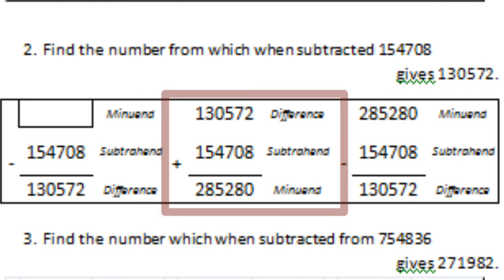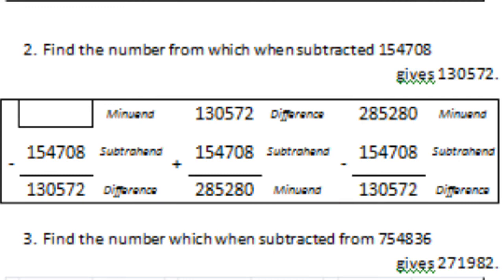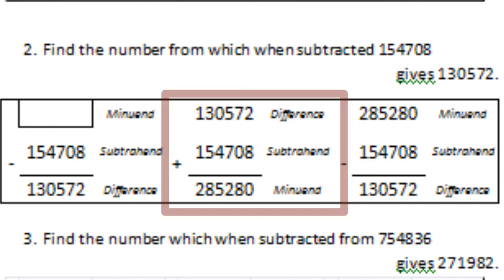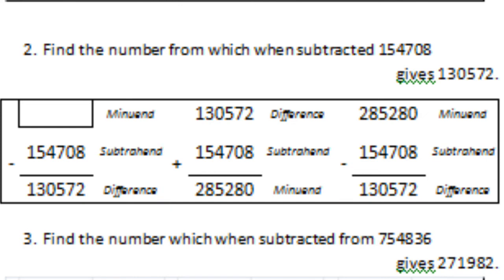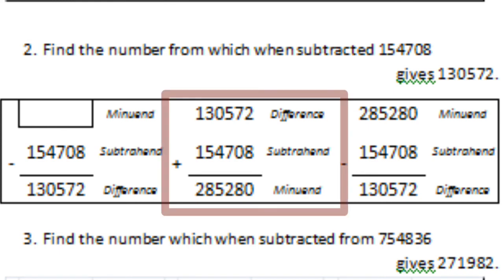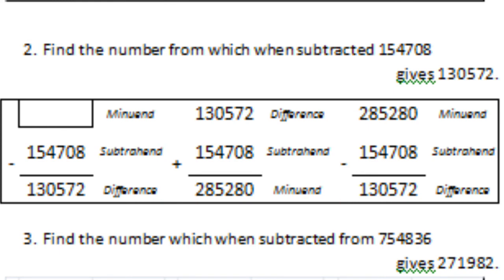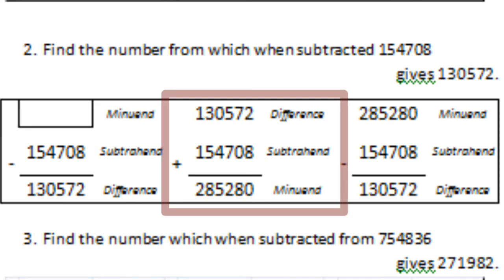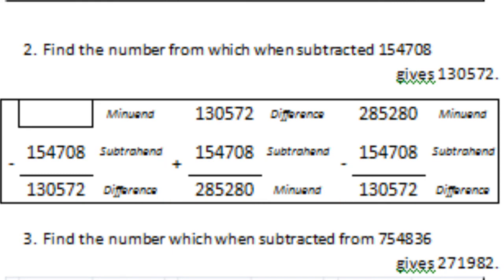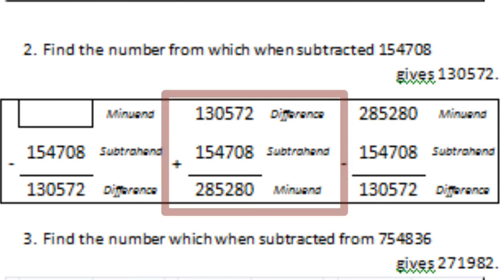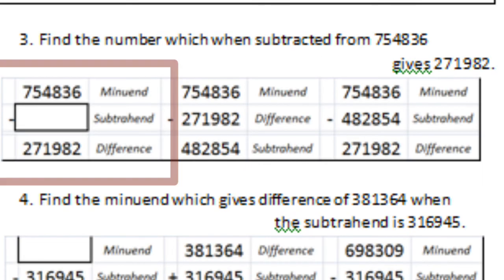So the answer is 2,85,280, which is the minuend. Okay. So the answer is 2,85,280 is the number. When 1,54,708 is subtracted, it gives 1,30,572. Okay.